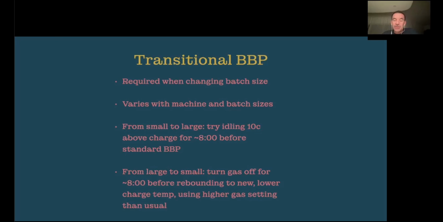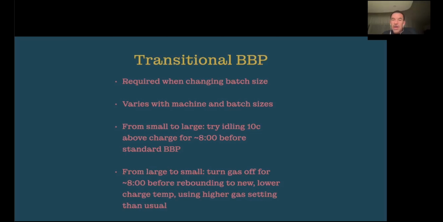But also, when you do your last 5 kilo batch, right before your first 10 kilo batch, ideally you'll use something called a transitional BBP. During 10 kilo batches, the machine stays a lot hotter than it does during 5 kilo batches.